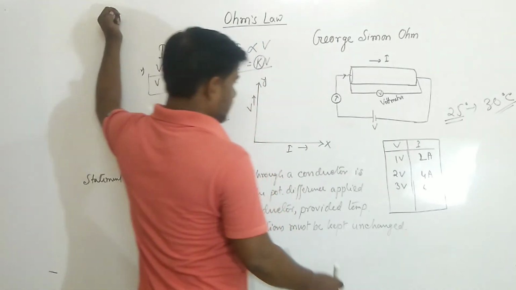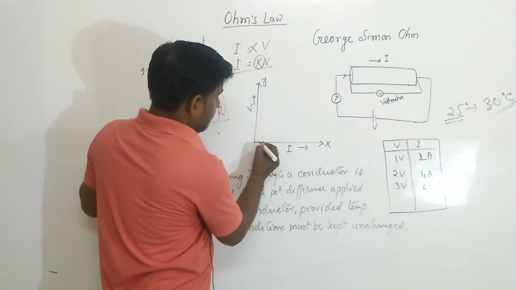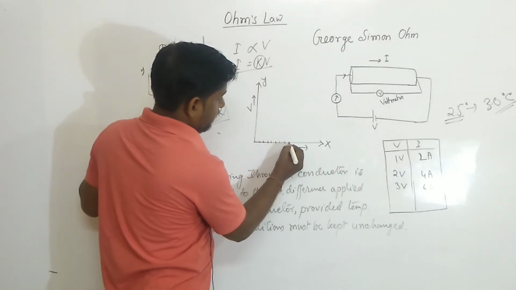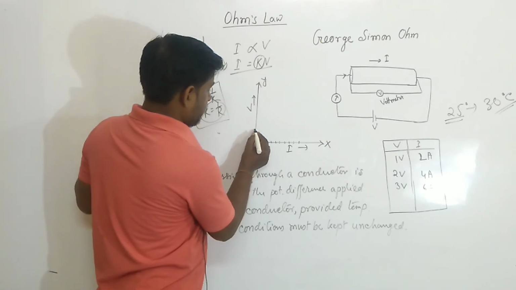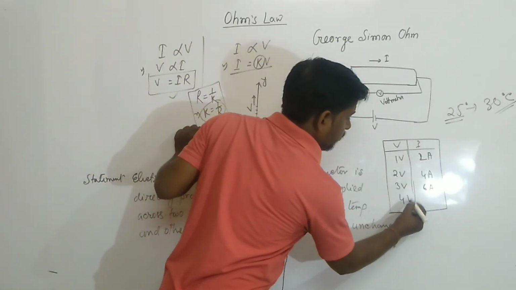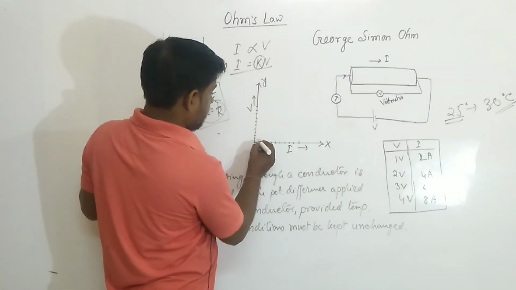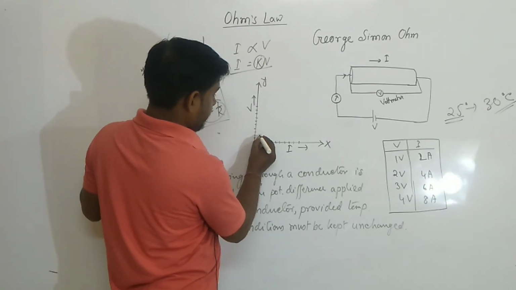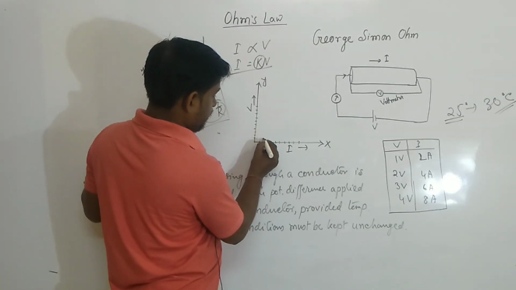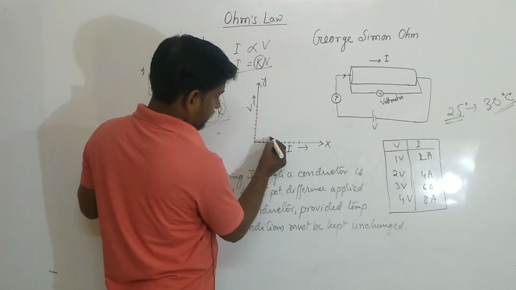From the readings given in this table, for 1 volt there are 2 amperes, then for 2 volts it is 4 amperes here.